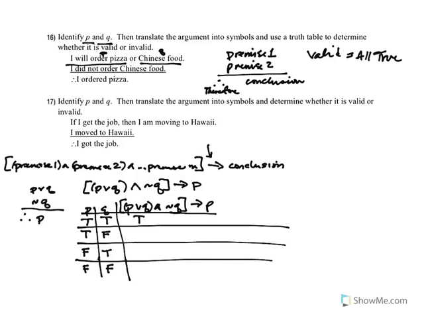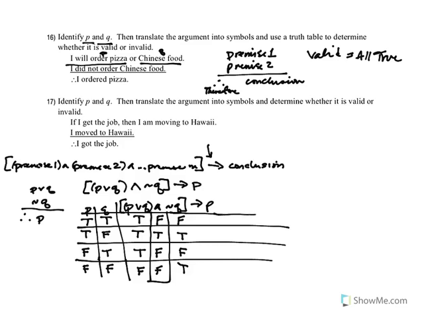So true or true is true, true or false is true, false or true is true, false or false is false. Then we have not Q, so that's going to be everything the opposite. So now I have to do the and of these. So this will be false, true, false, false.